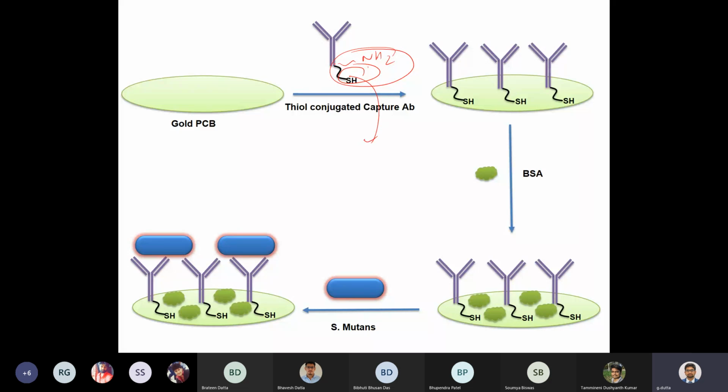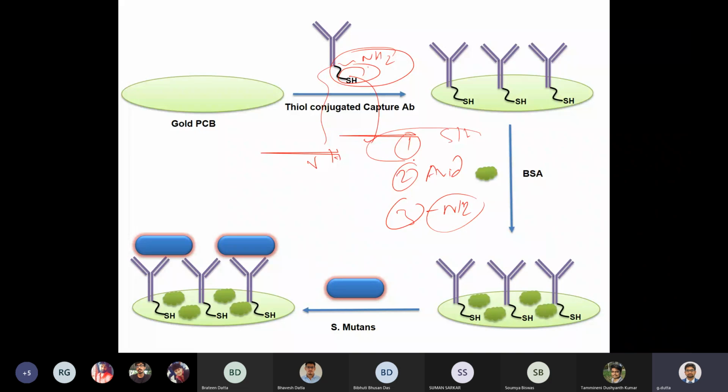When you are optimizing your biosensor, you are checking. So maybe you can check one by thiol, two by avidin, three by amine formation. Then you can get which one is the best. This is kind of an optimization step you can make before finalizing your biosensor formation.